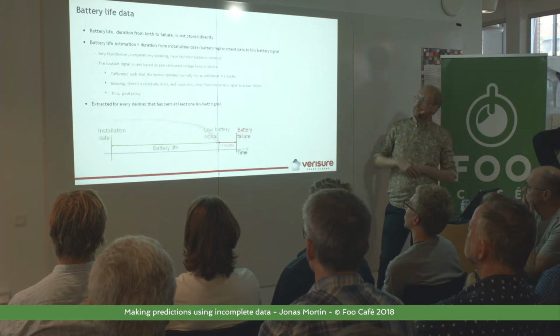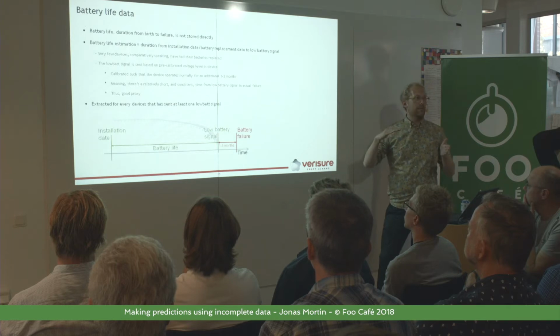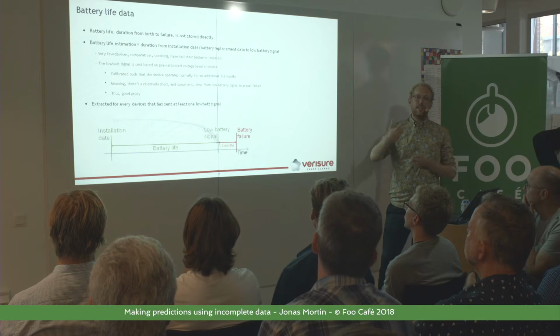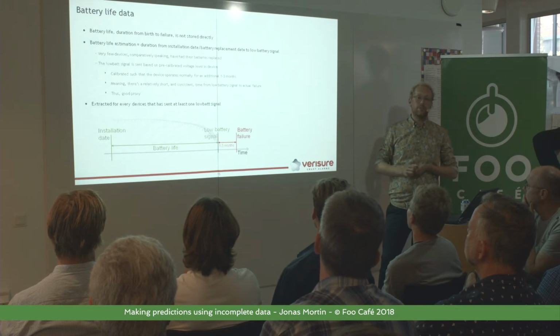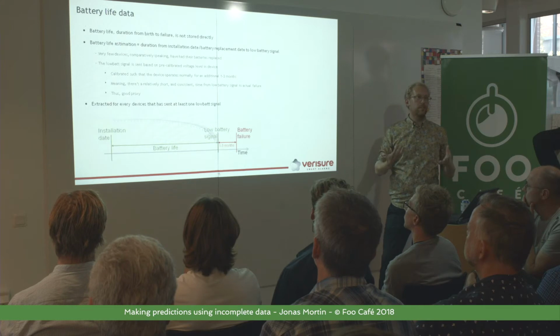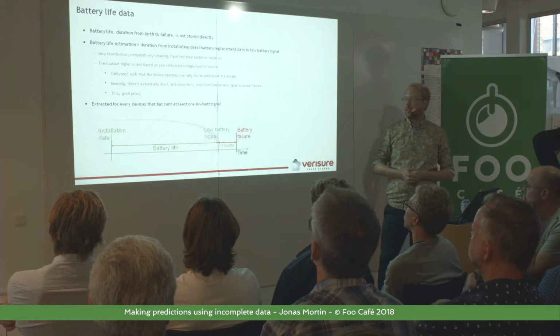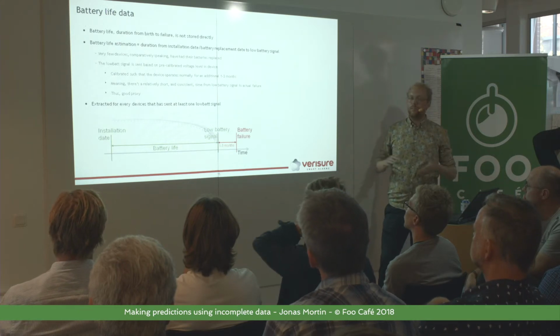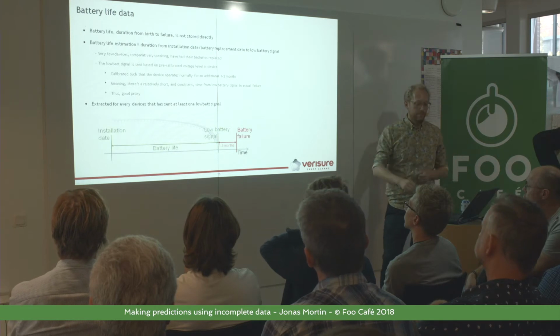And the low-bat signal is based on a pre-calibrated measurement, like I mentioned, which is calibrated so that the device will continue to function for another 1 to 3 months. So this is a pretty good proxy for actual battery failure, as it's pretty short and it's relatively consistent. So we have a fairly good idea of what the real battery life is.